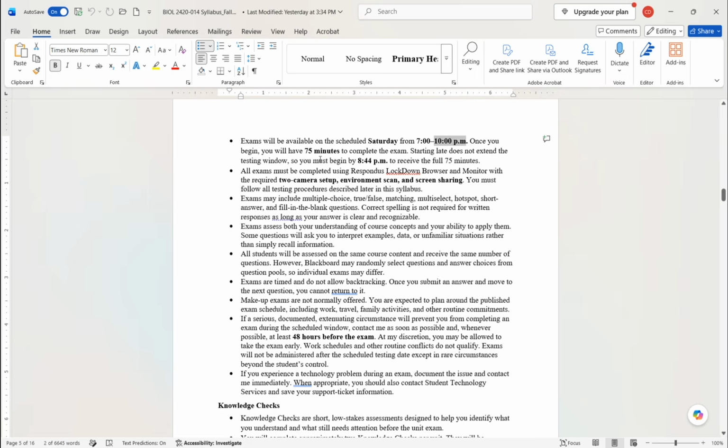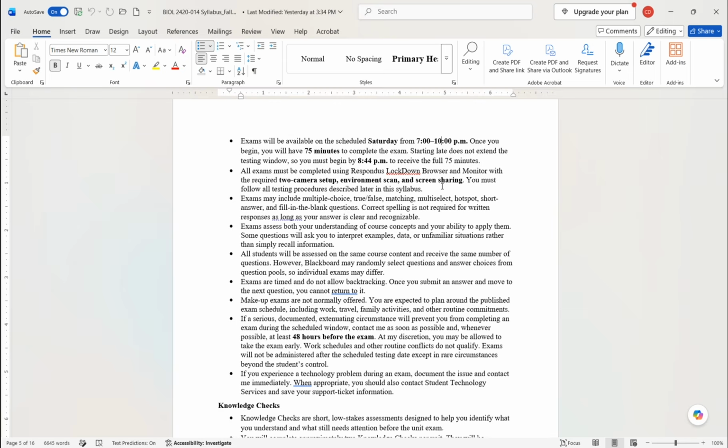So that means if you want the full 75 minutes, you need to start the exam by 8:44 p.m. Because what Blackboard will do is it'll let you start the exam at 9:30 if you want to, and it's going to tell you that you have 75 minutes because that's how it's programmed. It's a 75-minute assessment. But when the clock strikes 10, it gets submitted.